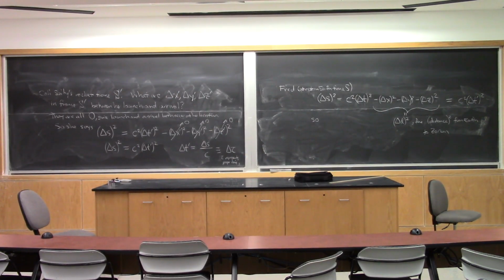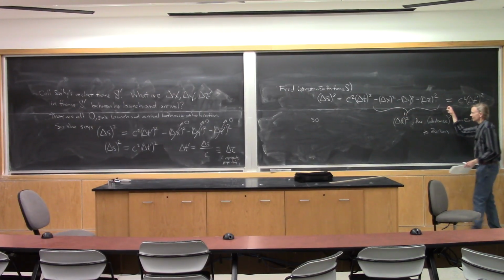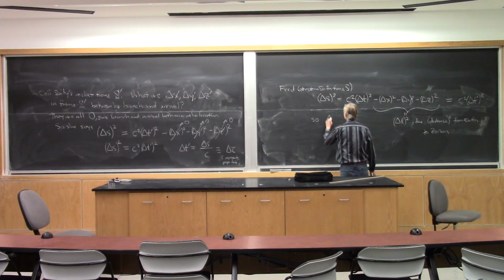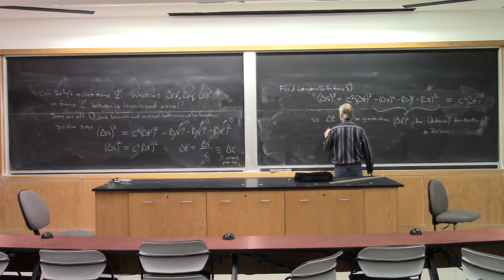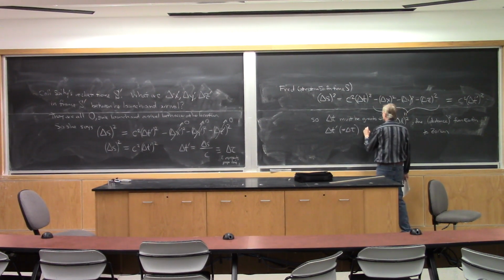Delta t has to be bigger because c squared delta t squared minus delta L squared is the same thing as c squared delta t prime squared. So delta t must be greater than delta t prime, or in other words, than the proper time interval.